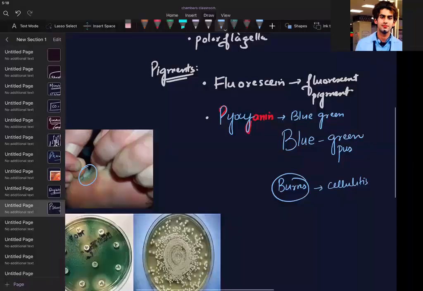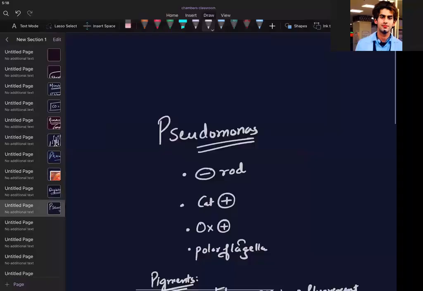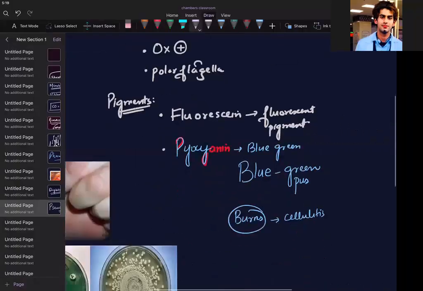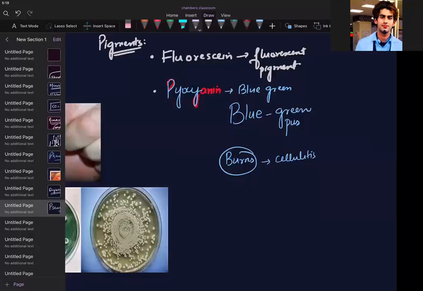So Pseudomonas aeruginosa will cause blue pus. These are the significance of this pigment.